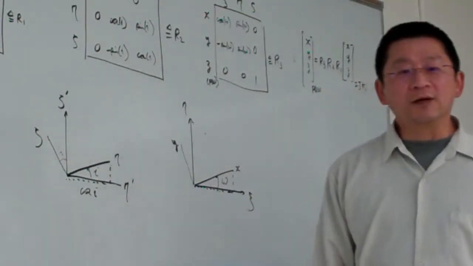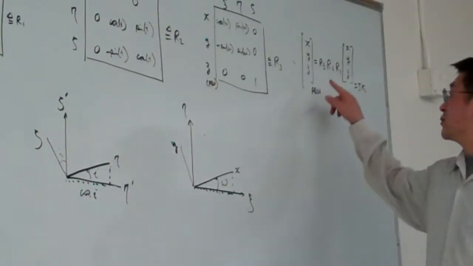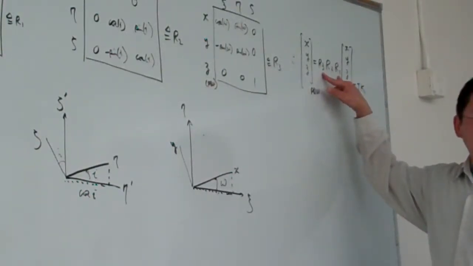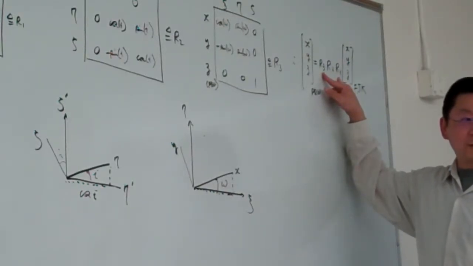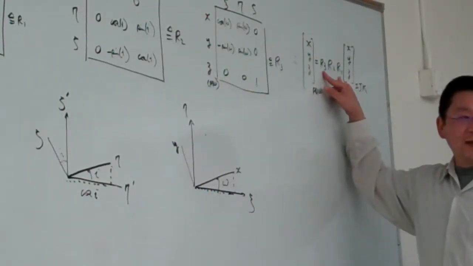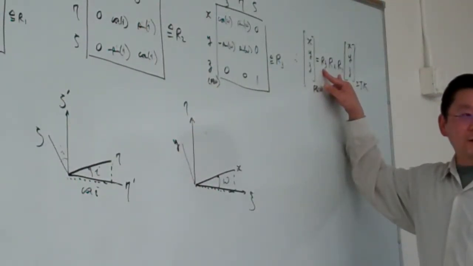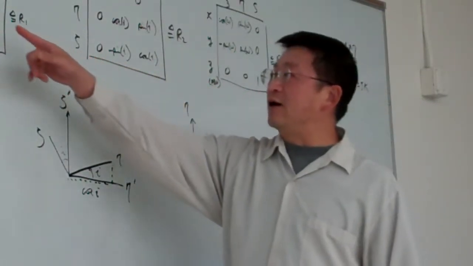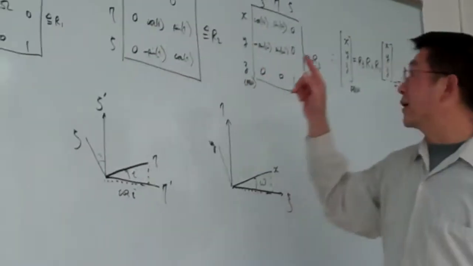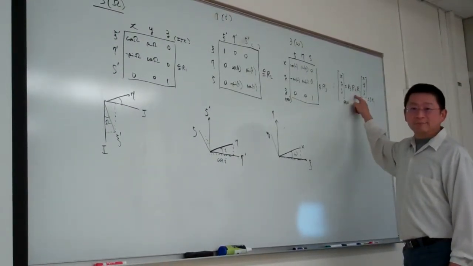You don't need to expand. I don't think that formula is very useful, and very easily you can make a mistake when you plug in. My recommendation is you simply calculate individual R1, R2, R3, and then do the multiplication like this. That will be easier.